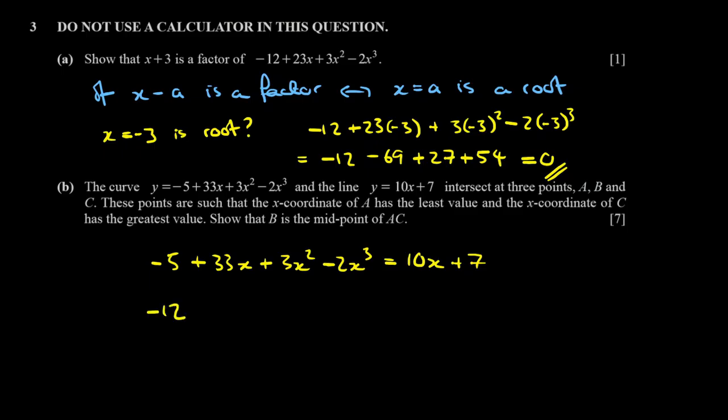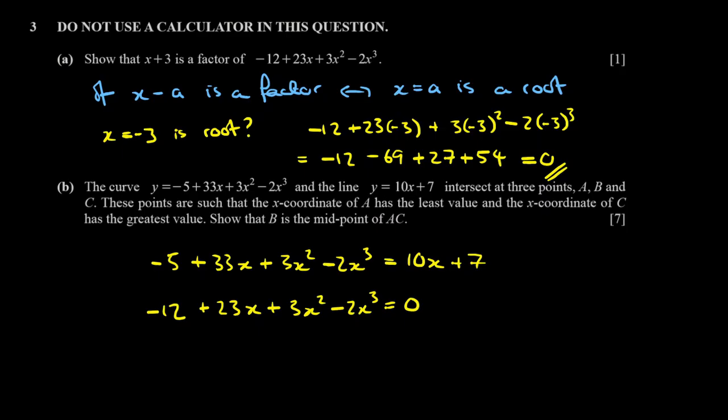If we subtract 10x, we get plus 23x. And we get plus 3x squared minus 2x cubed is equal to 0. And lo and behold, surprise of surprises, this polynomial that we get here is exactly the same polynomial as the one in part A. How shocking is that? Of course, that's not at all shocking. That should be what we expect, right? If you don't get the same polynomial as in part A, then you've probably gone wrong somewhere, okay?